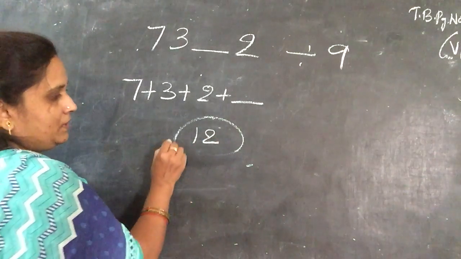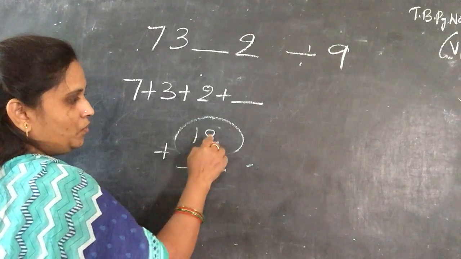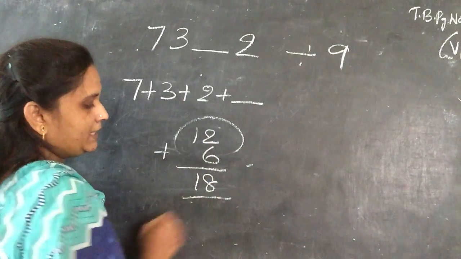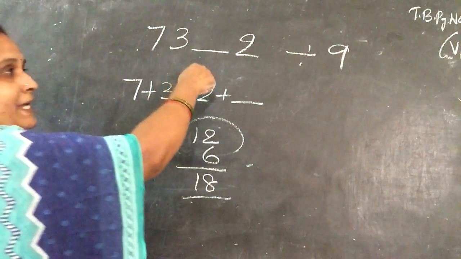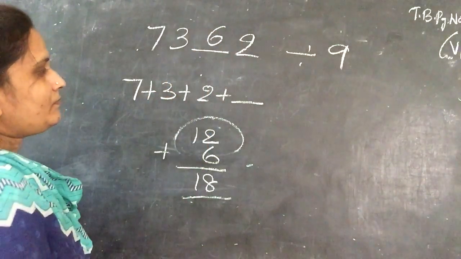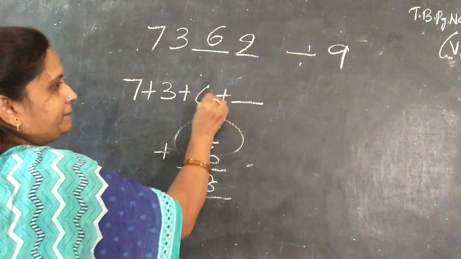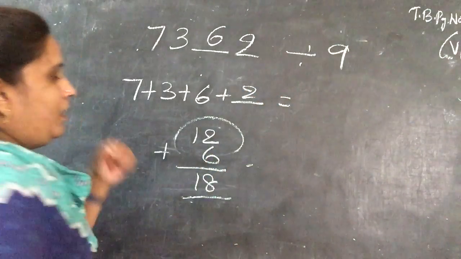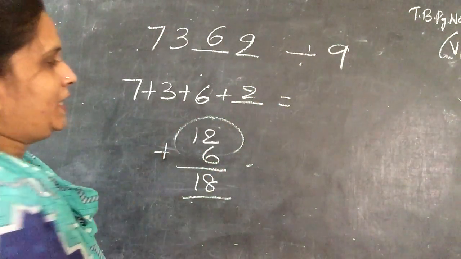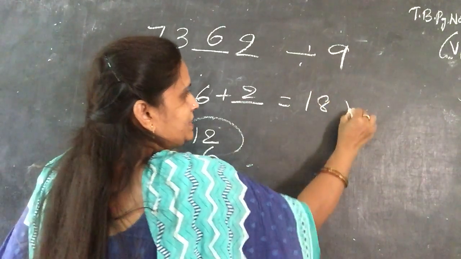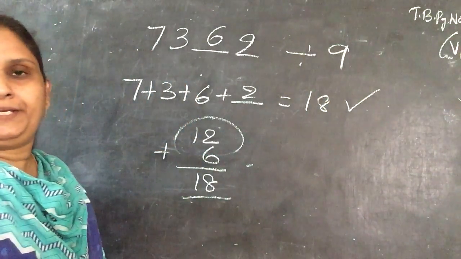So by adding 6 we get the total 18. So the missing number in the blank is 6. If you add all the numbers, we will get the total of 18, which is a multiple of 9.